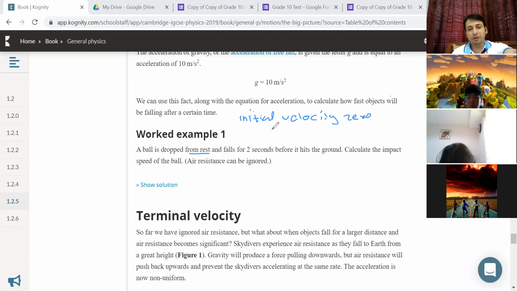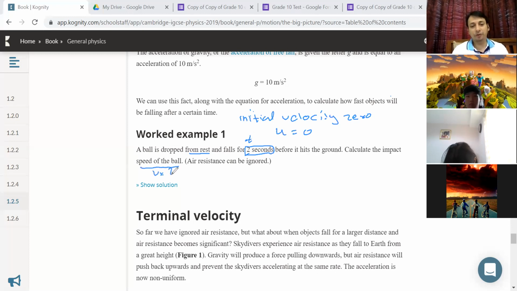Initial velocity means u is equal to 0, and the time is given here, 2 seconds, that the object remains in motion for 2 seconds before it hits the ground. Calculate the impact speed. Impact speed of the ball means we have to calculate the final velocity of the ball.